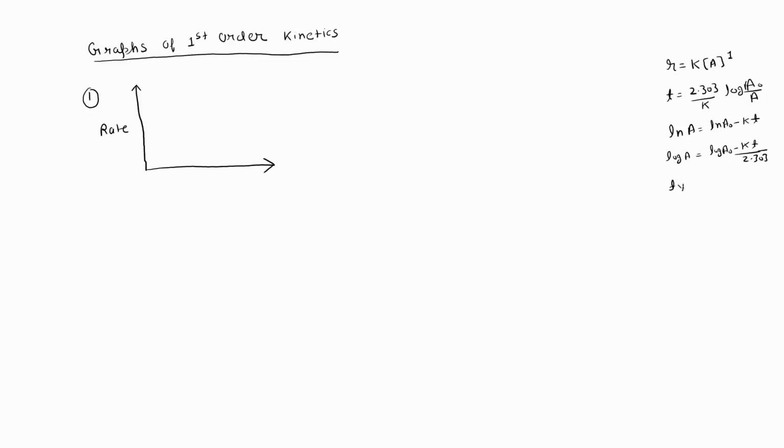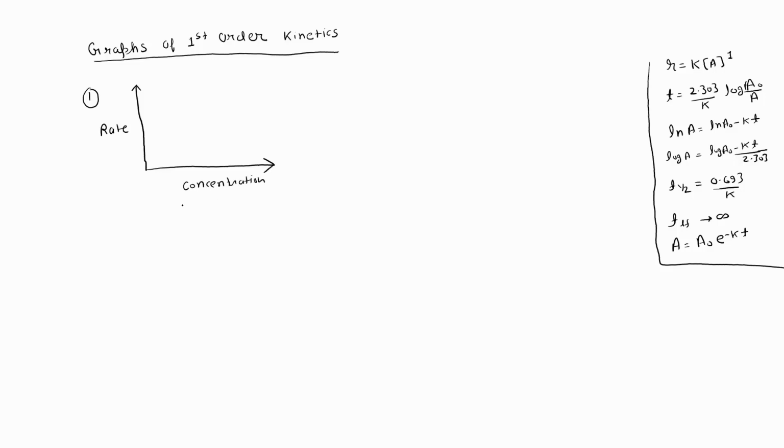And then we have t half is equal to 0.693 by k, and t lifetime tends to infinite. And one more equation, A is equal to A naught e to the power minus kt. So we have these formulas or equations.